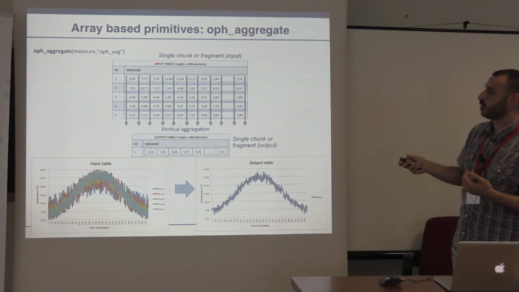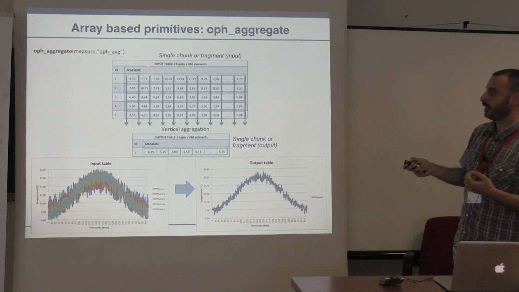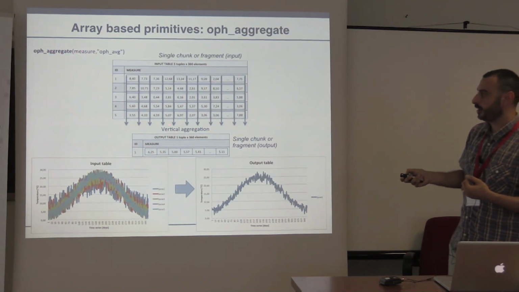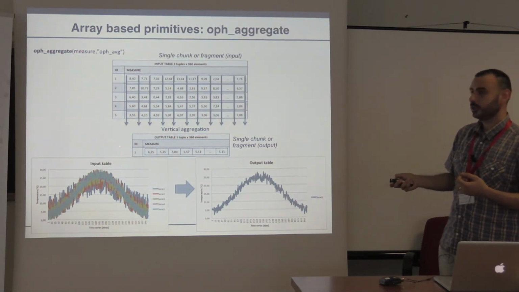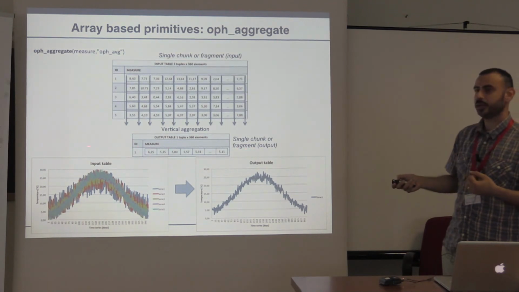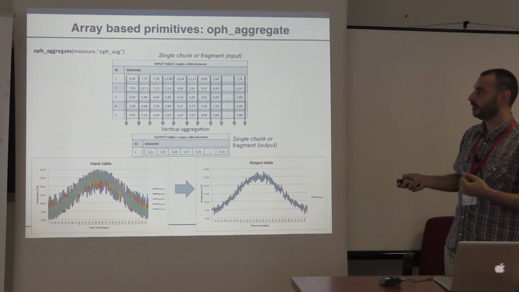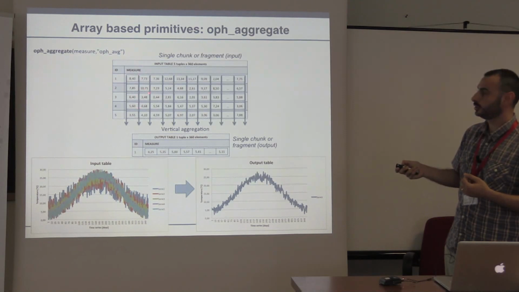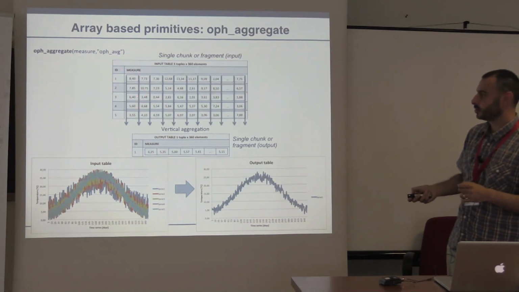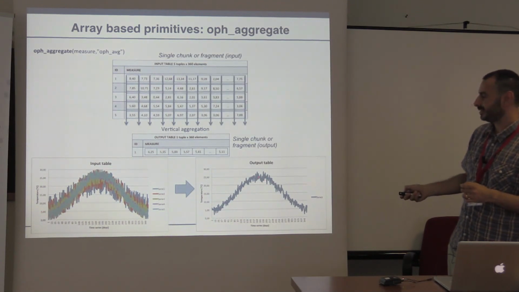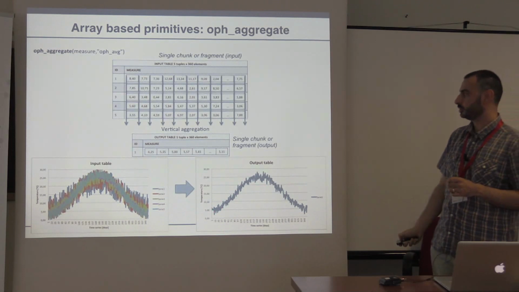Starting from this fragment, using OPH aggregate, we have a vertical aggregation and in output a single array containing the average of each element of the array. So this is the input, and this is the single array in output.